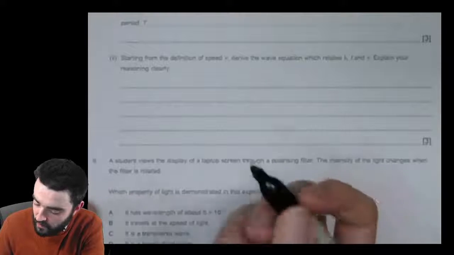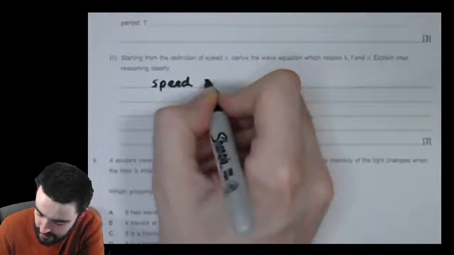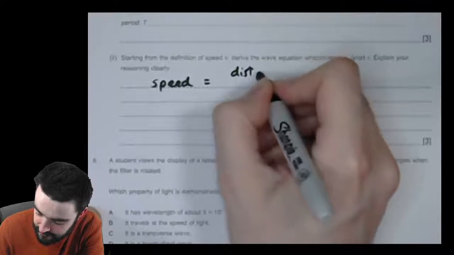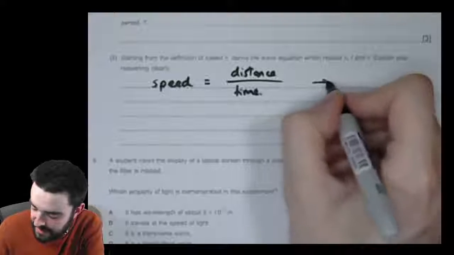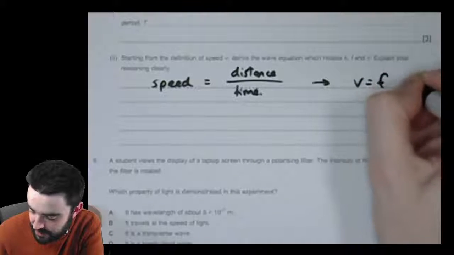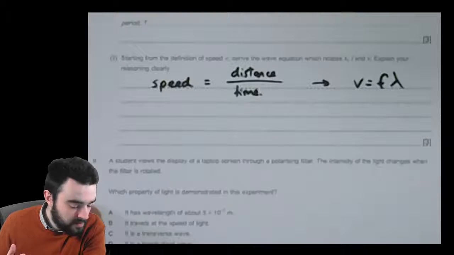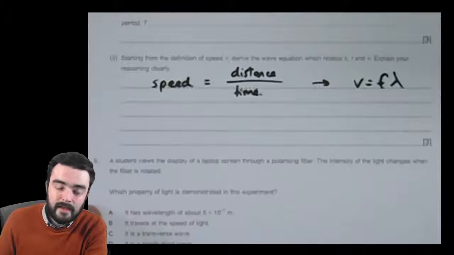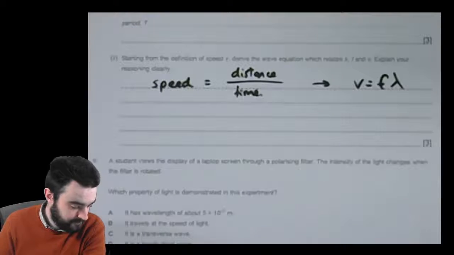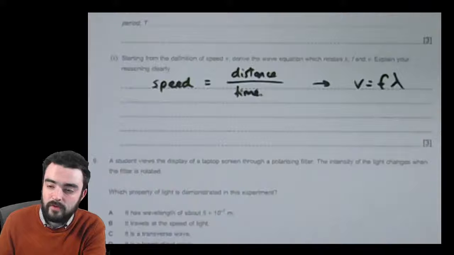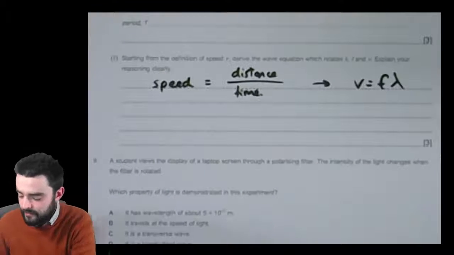So really, what we need to do is go from speed is equal to distance divided by time, and end up at v is equal to f lambda. So the speed is going to be a distance travelled within the time period.